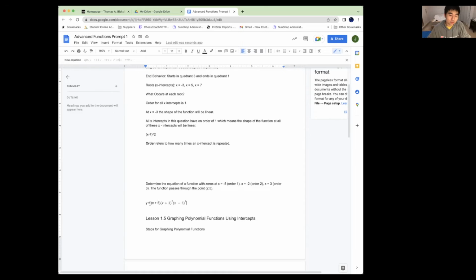Now, we have to determine the equation of a function. That means we have to find the a value. And luckily, we're given some good information. It says the function passes through the point (2, 5). So what we can do here is plug in x and y for this point and just solve for a. And then once we do that, we have our equation. So all I'm going to do here is say y is equal to a, and then the x in x plus 5 is 2.